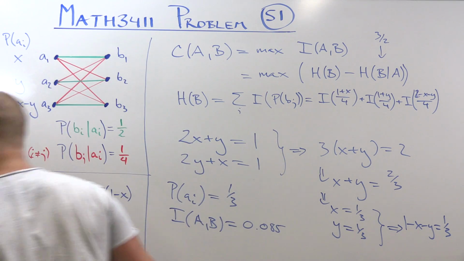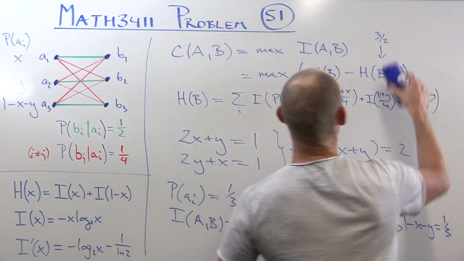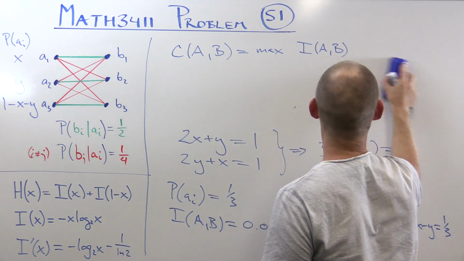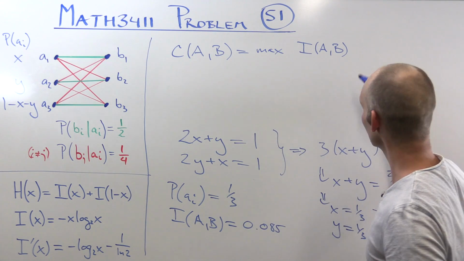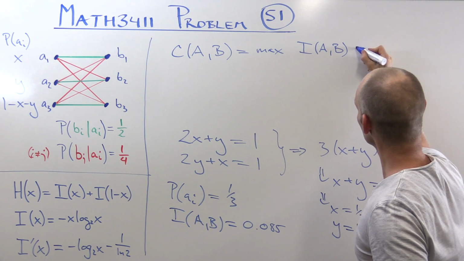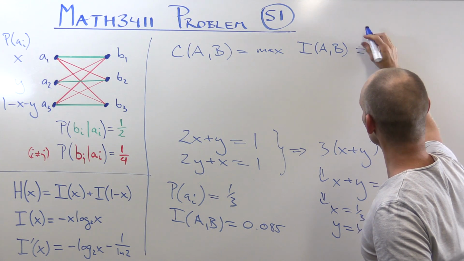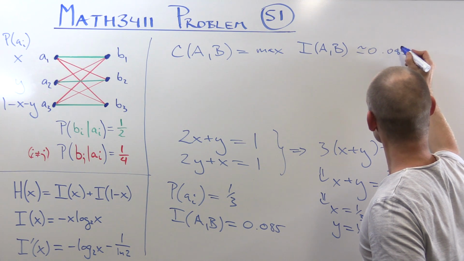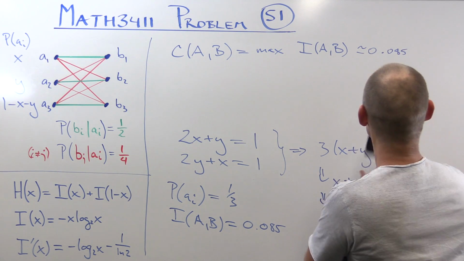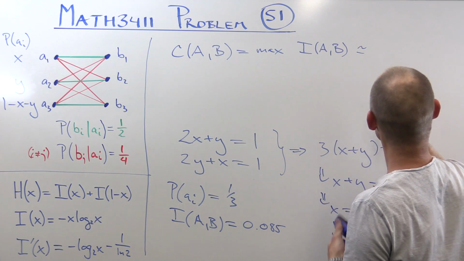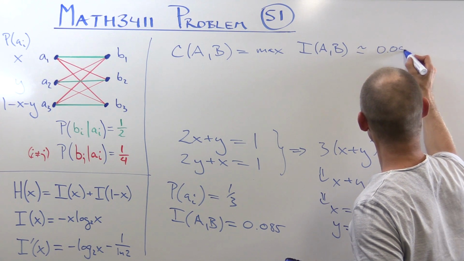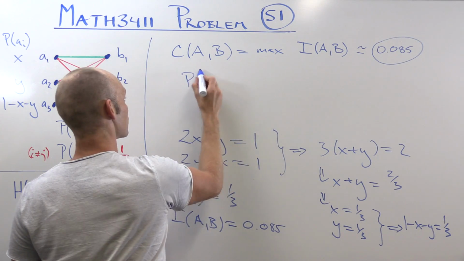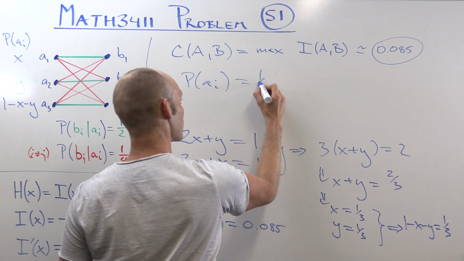So that's, in fact, what our capacity is going to be. So roughly about 0.085. And there we go. And we've got that P of A_i is equal to 1/3.